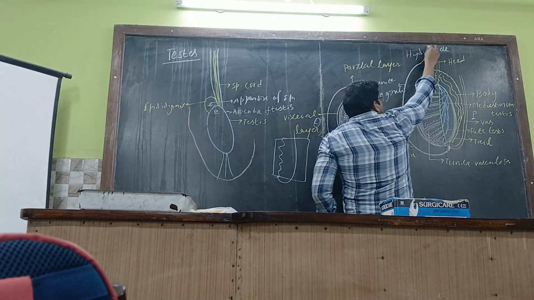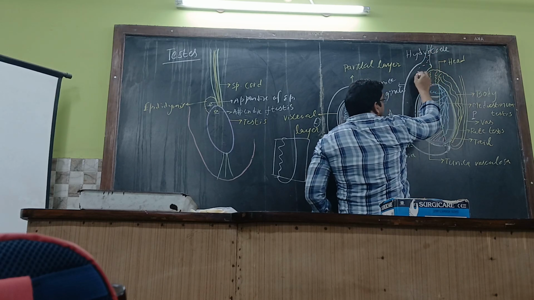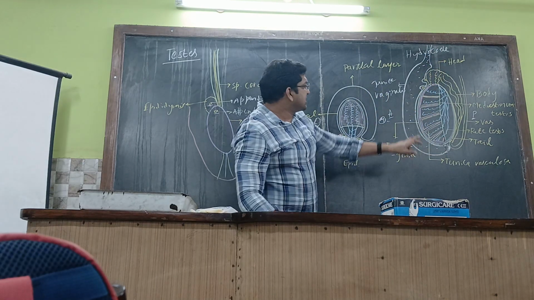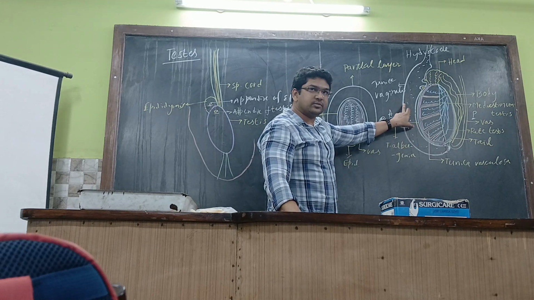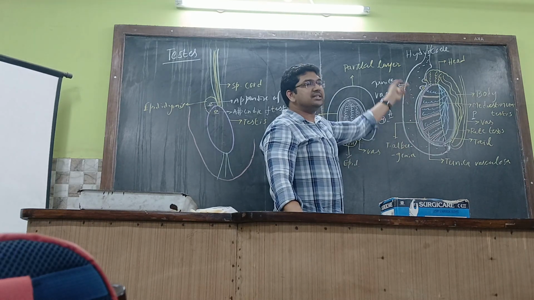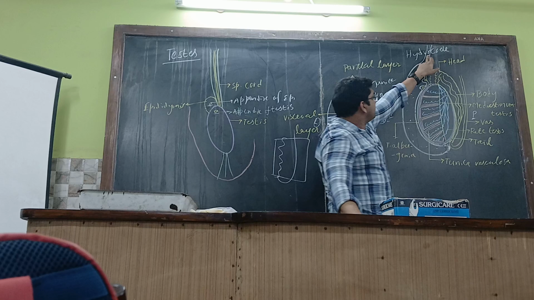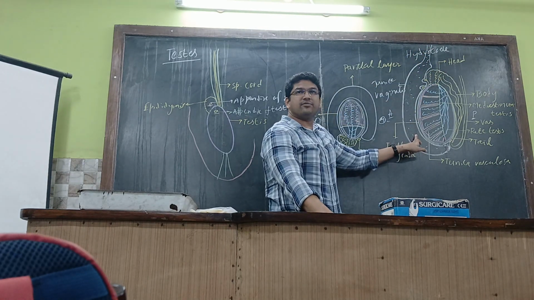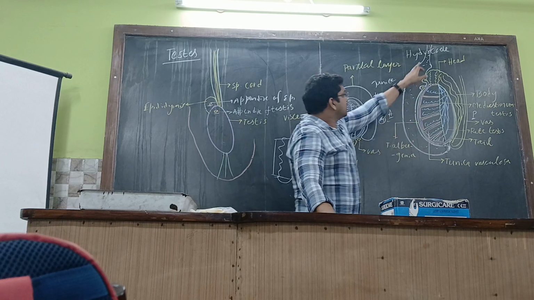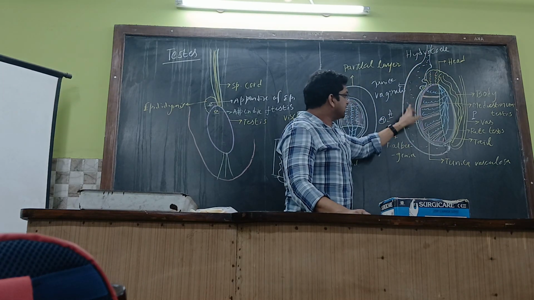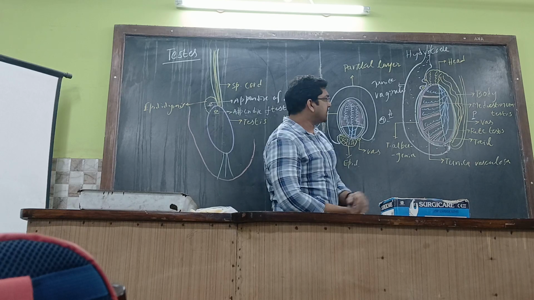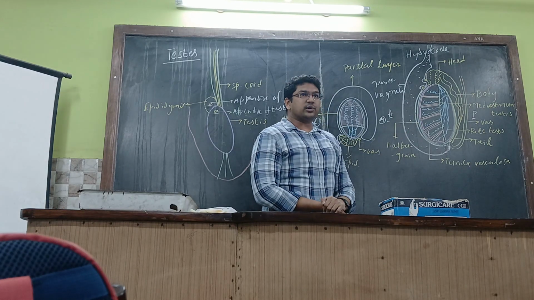The abdominal peritoneal cavity will have peritoneal fluid that will be accumulating within this tunica vaginalis. So this will be filled with the fluid. Okay. This is termed as the congenital hydrocele, because the communication is not yet lost between the abdominal cavity and this tunica vaginalis. Get it? So the peritoneal fluid will be accumulating within this tunica vaginalis and making it distended. Okay. So this is called the congenital hydrocele.